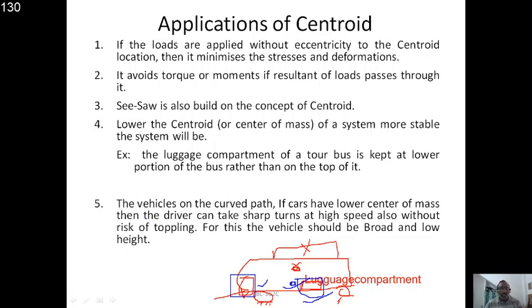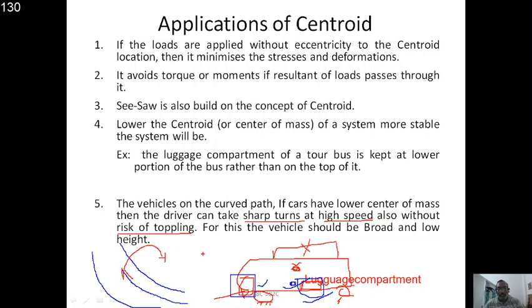Now consider vehicles on a curved path. If a vehicle takes a curved path at high speed, what happens to the passengers? If the centroid is at a higher level, the vehicle will tilt at sharp turns. At sharp turns at high speed, it will topple, that is, it will break down outside of the road.